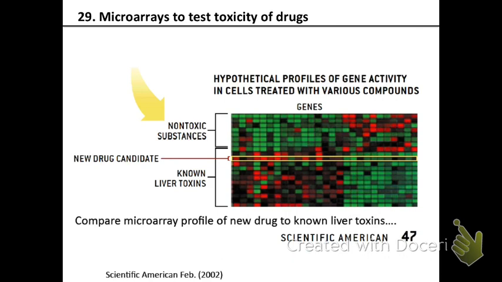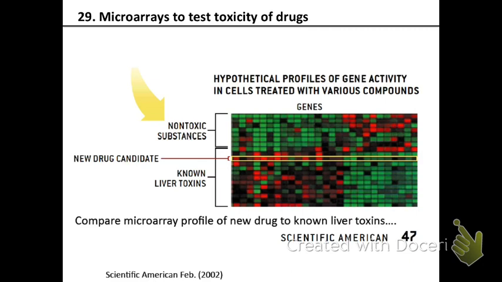You can also use microarrays in drug development. One of the problems with drugs is that they have all kinds of unintended consequences, right? And one of the biggest things is they can cause liver toxicity. Before you move into a clinical trial and you give your drug to people, you might actually want to know, is this drug going to be toxic to the liver or not, right?